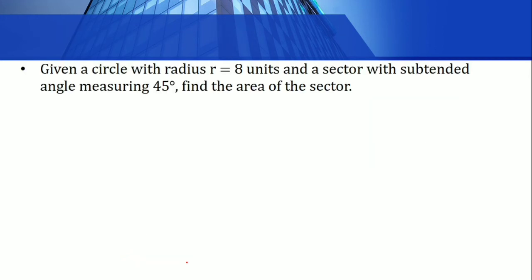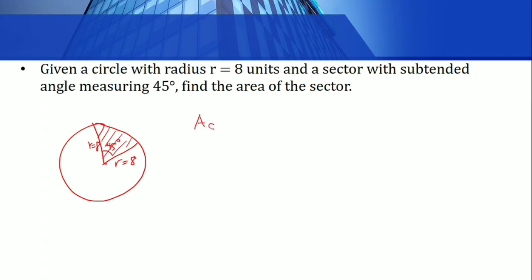So, example tayo. Given a circle with the radius r is equal to 8 units and a sector with subtended angle measuring 45 degrees, find the area of the sector. So, if we have a circle and yung radius niya is 8 and yung angle niya is 45 degrees. So, ano daw yung area nung sector?